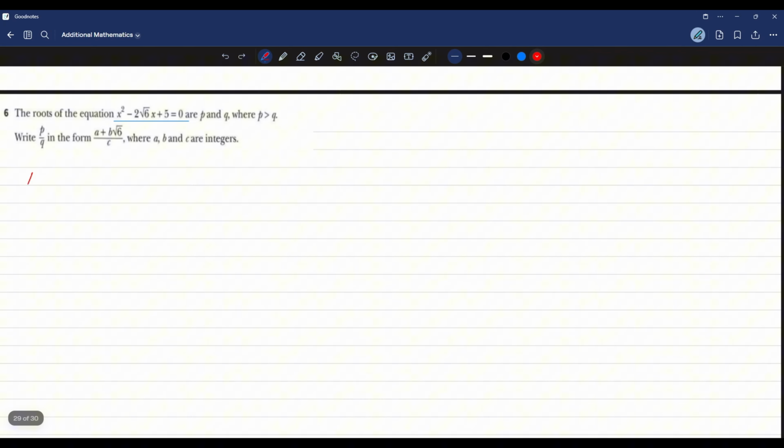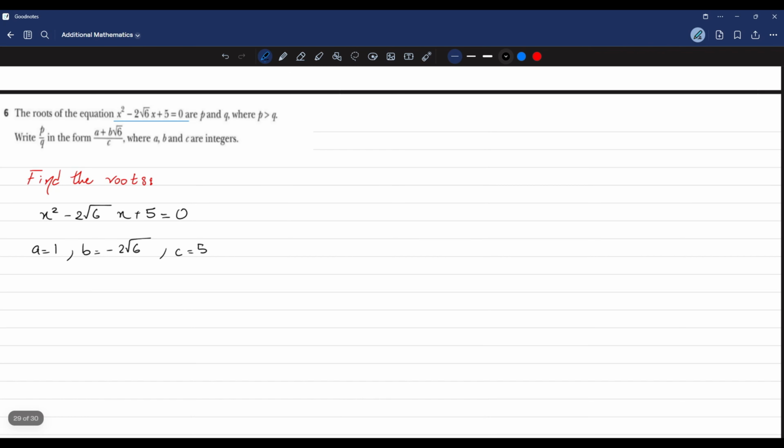I'm going to find the roots. So if I were to find those roots, I would have x squared minus 2 square root 6 x plus 5 is equal to 0. And how would we simplify this? So basically, I'm going to use the quadratic formula. I'm going to take a is equal to 1, b is equal to negative 2 square root 6, and c is equal to 5.